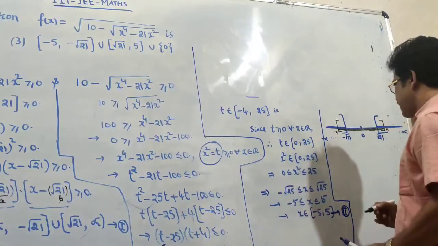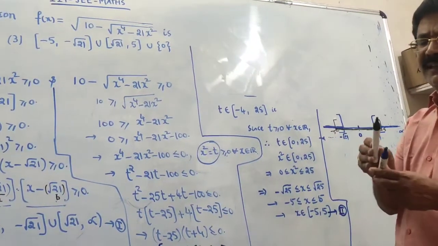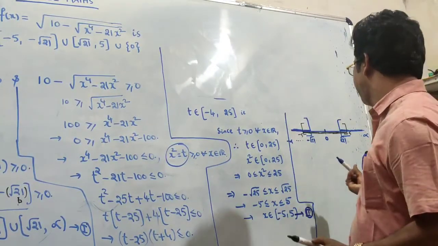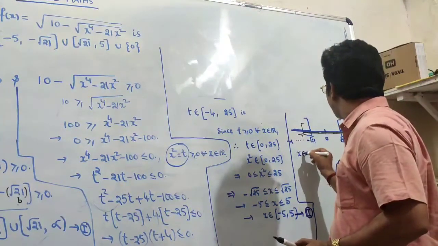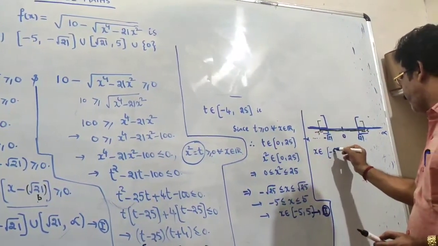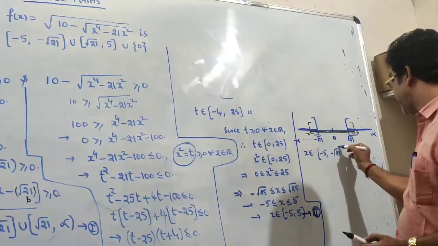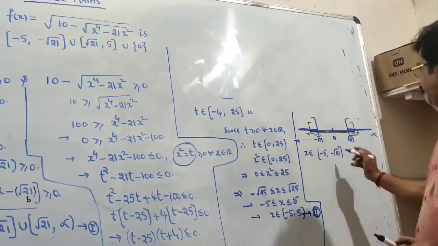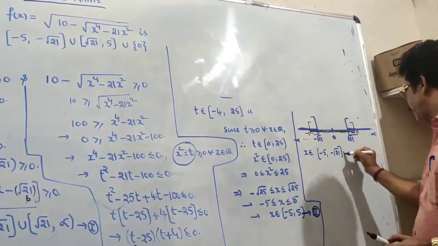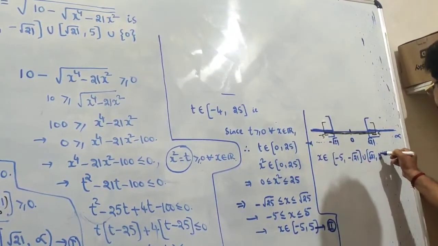another ink. Okay, I am asking for the combined solution, means the black and blue common shaded part. So the common shaded part is clearly x belongs to the closed interval of minus 5 comma up to minus root 21, black and blue, union the closed interval of root 21 comma plus 5.